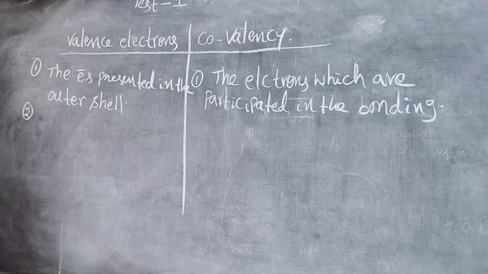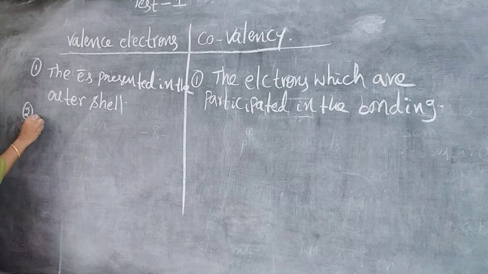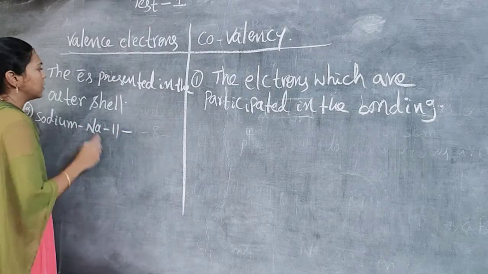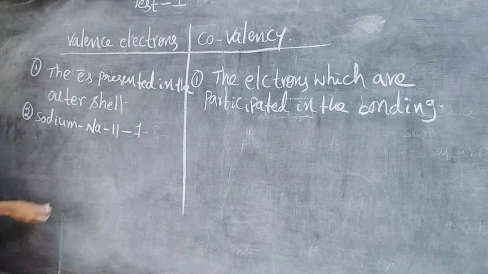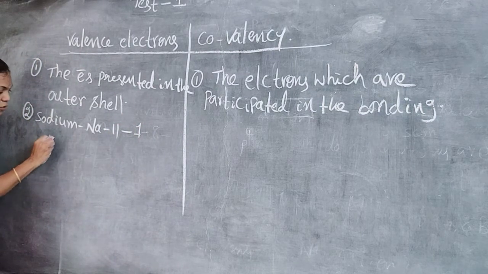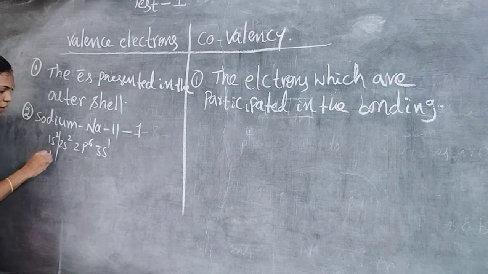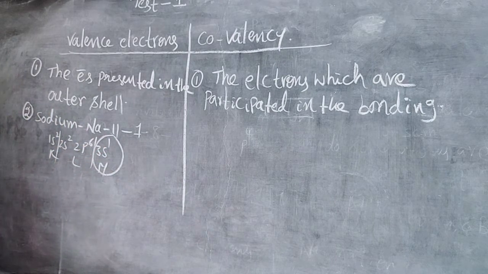For example, covalency. Na, atomic number 11, the number of valence electrons is 1: 1s2, 2s2, 2p6, 3s1. K, L, M shells. The number of electrons in the outer shell is the valency electron number.